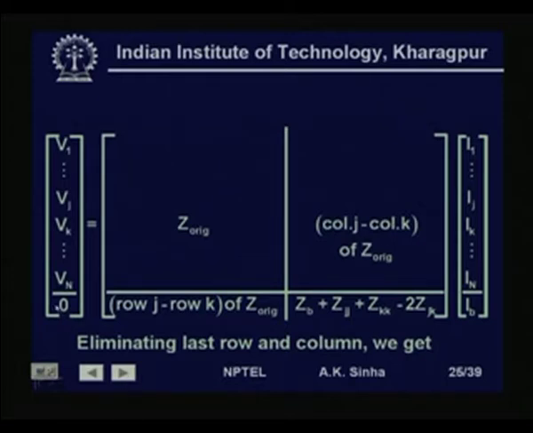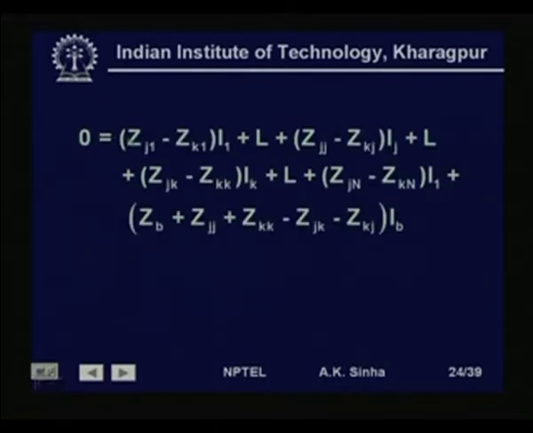Similarly, in the last row that we have, jth row minus kth row is coming for this last expression. So jth row terms minus kth row terms are coming here.